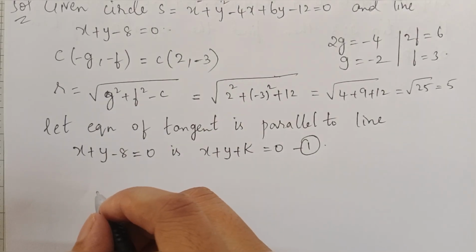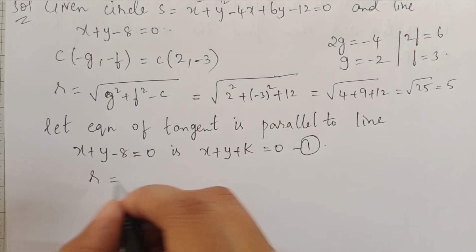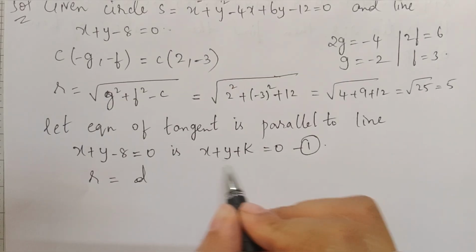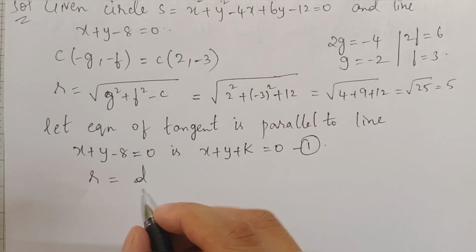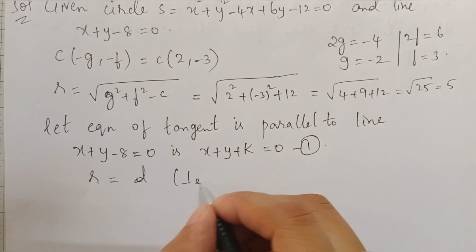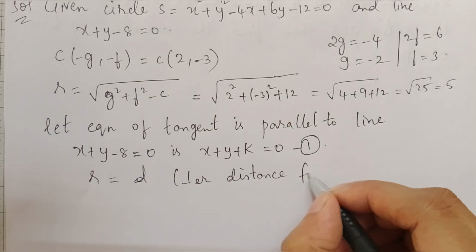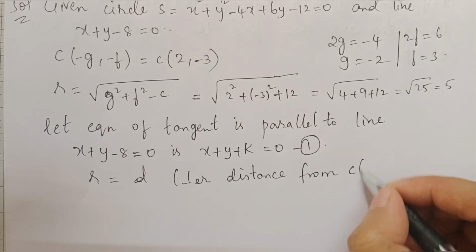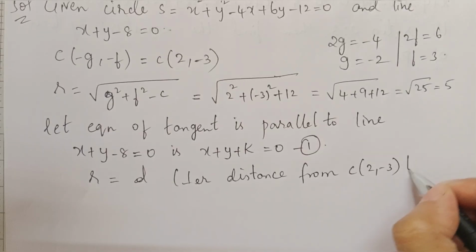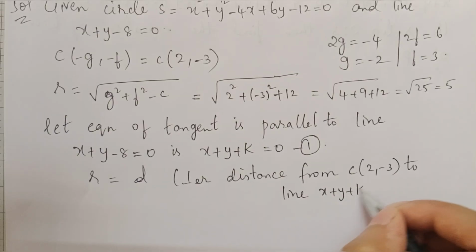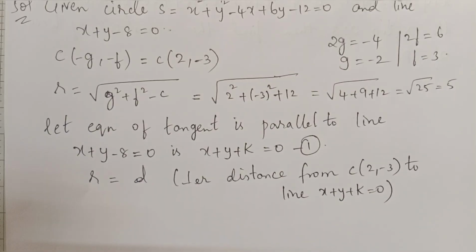When it is tangent to the circle, the radius equals the perpendicular distance from the center to the tangent line, right? So here d is the perpendicular distance from the center, which is 2 comma minus 3, to the line x plus y plus k equals 0.